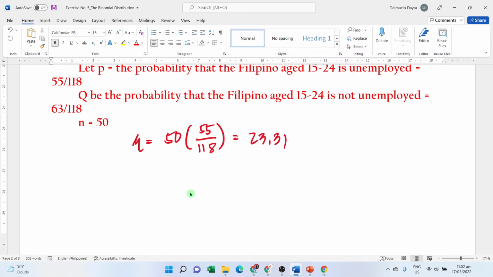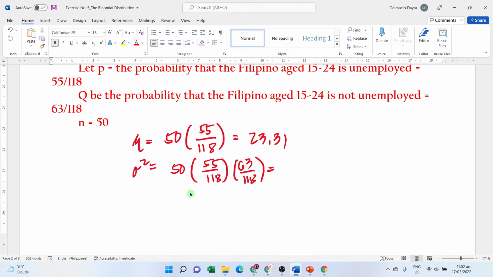Next, variance. That will be n times 55 over 180 times Q over 180. So the result from the previous, just multiply it by 60 over 180.